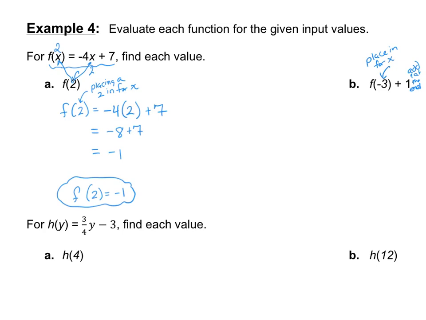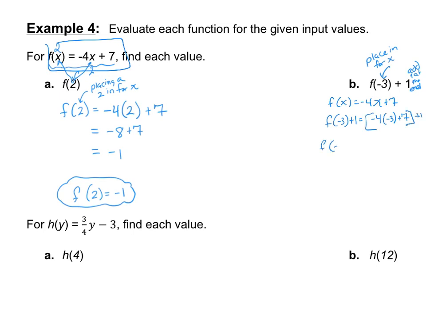So what that would look like is taking the original f of x equals negative 4x plus 7 from what they asked us to do in the beginning, and then placing in the negative 3 in for x, and remembering to add 1 when we're done. So I'm doing negative 4 times the negative 3 for the x, writing all of that first, and when I'm done, I'm going to be adding 1 to it.